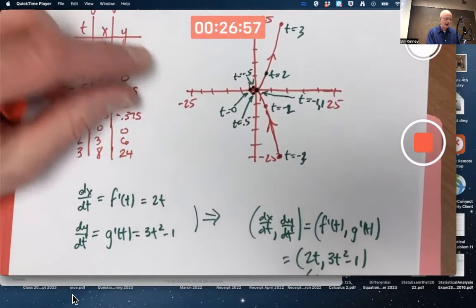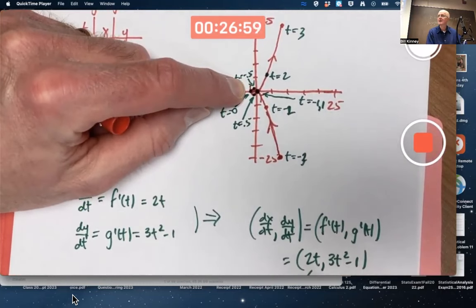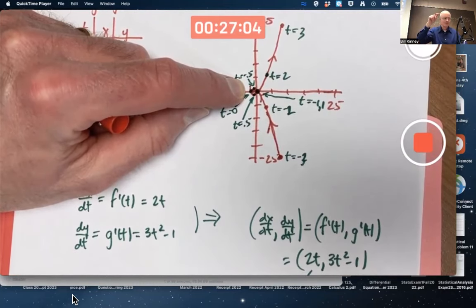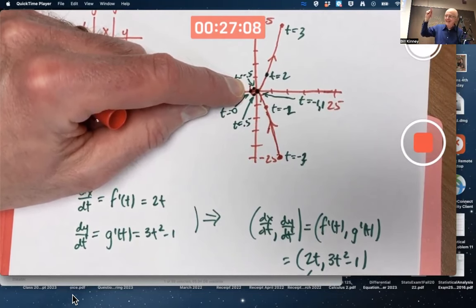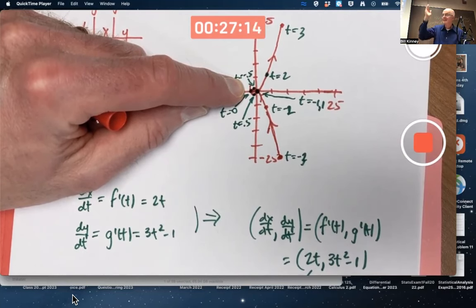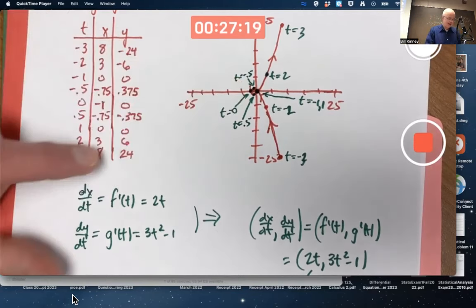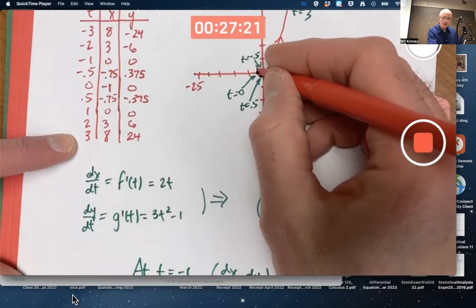Hey, that's when we are at the leftmost point. The motion's like this. Oops, the other way. Like this. At that leftmost point, the x component of velocity is 0 because your tangent to that curve is vertical. Yeah, in fact, that is where the tangent to the curve is vertical.